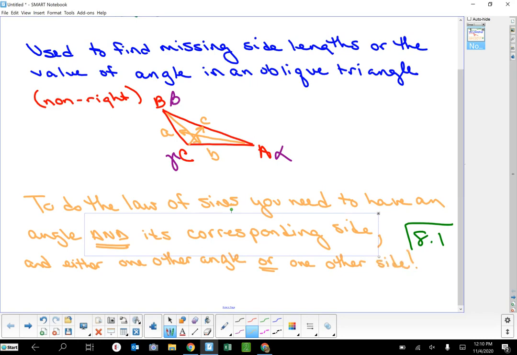All right, so to do the law of sines, you need to have an angle and its corresponding side and either one other angle or one other side.